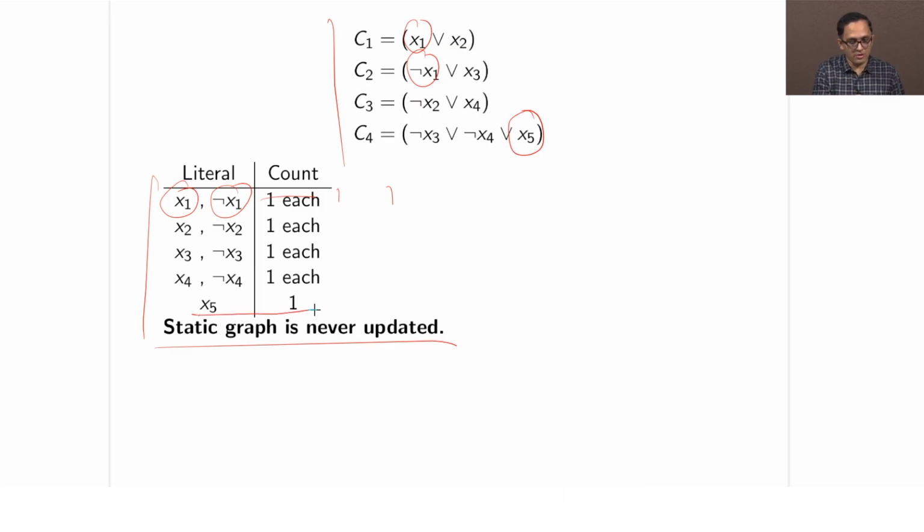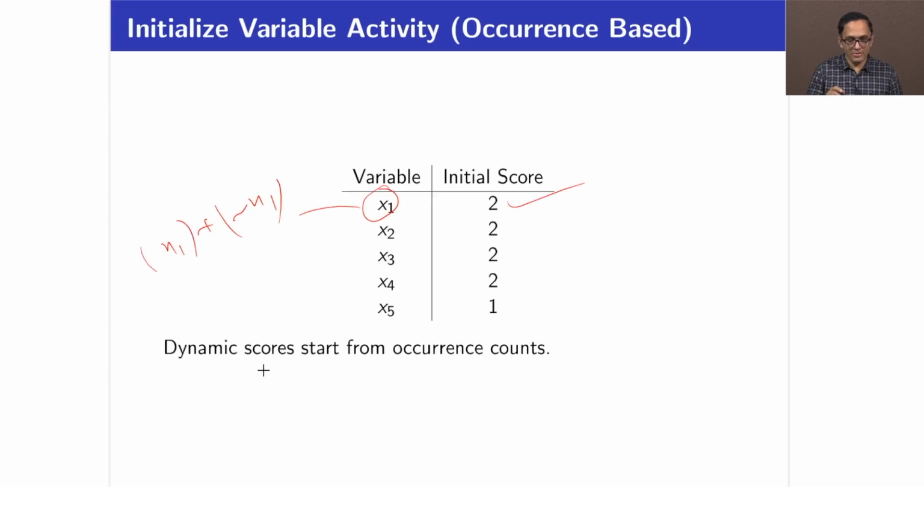So the score of x5 is 1 and not x5 is 0. This way I get the variable score for each variable, and this gets updated whenever I get a new clause. If a variable like x1 occurs there, I increase the count by 1, and I also decay this sum over time. This is just like VSIDS.